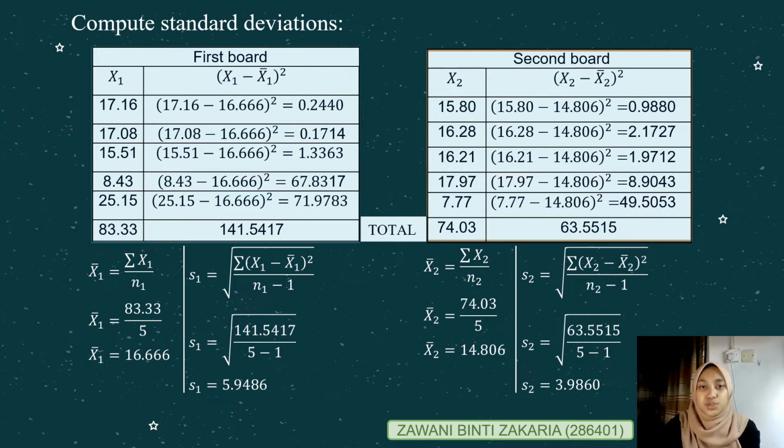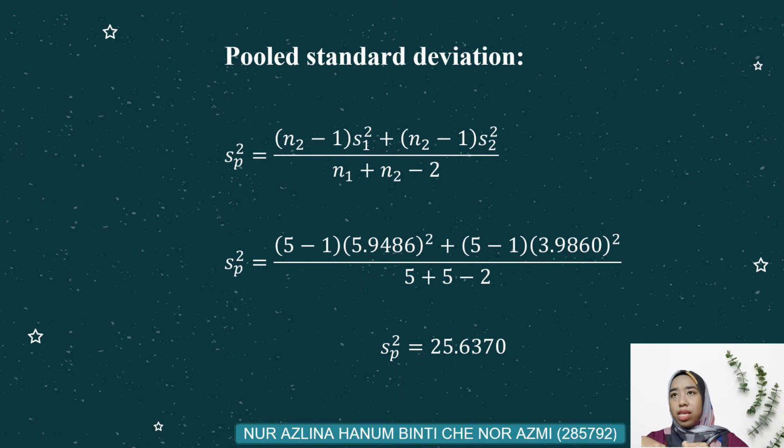For S2, square root the answer of 63.5515 divided by 4. So the answer will be equal to 3.9860. Before we find t, we need to find the pooled standard deviation. So we can use this formula to find the standard deviation and we get 25.6370 for pooled standard deviation.